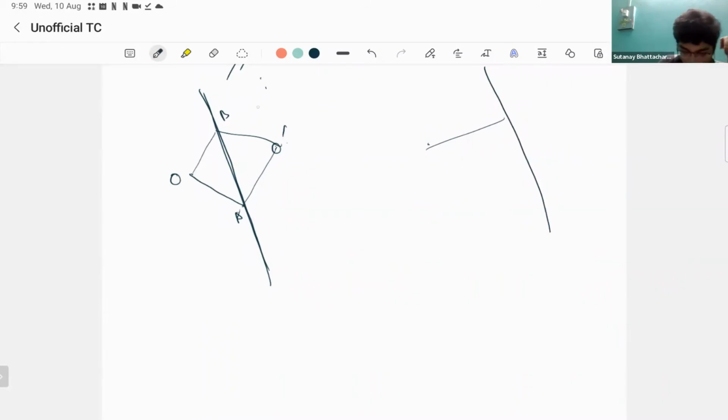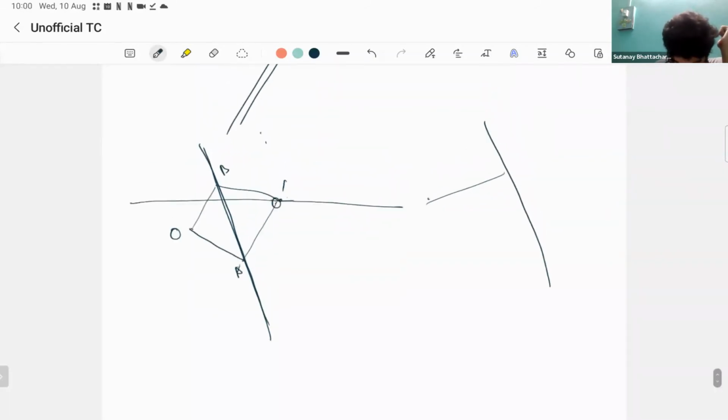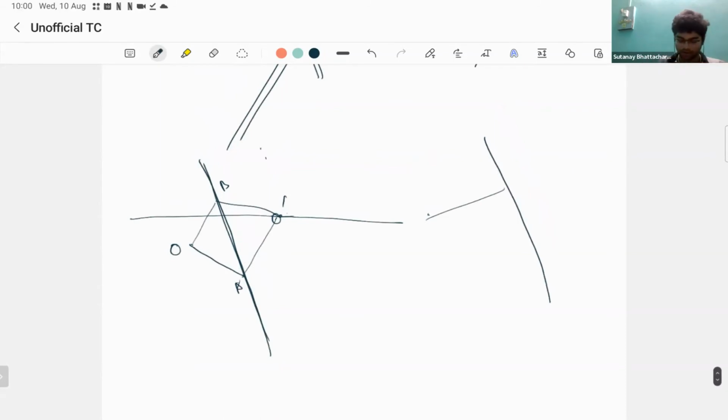And then we took a point through O dash and used the same things to figure out that all of these also pass through A.